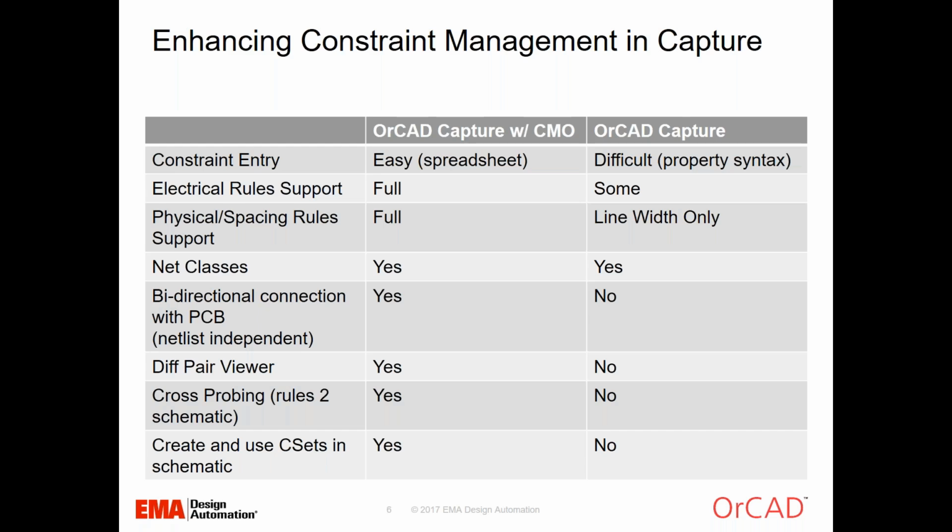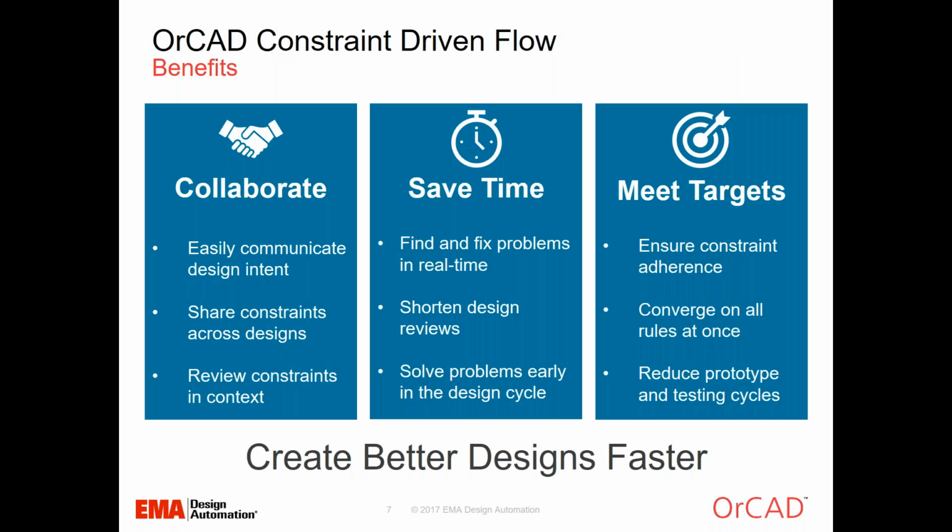This functionality allows the engineer to select nets in the schematic for constraint assignment in CM for OrCAD. It also includes a differential pair viewer that makes working with the physical constraints for differential pairs and visualizing the effects they have on the eventual routing much clearer.